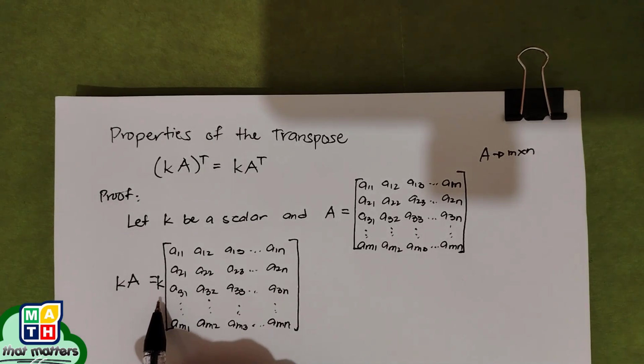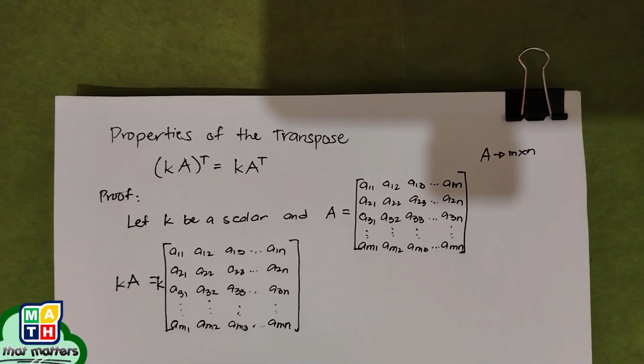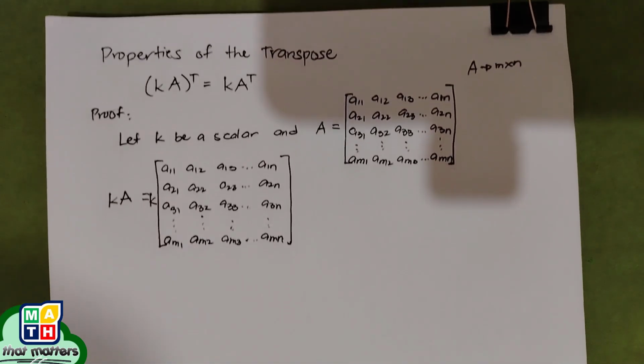Since k is identified as a scalar, you can multiply it to each of the components of matrix A.